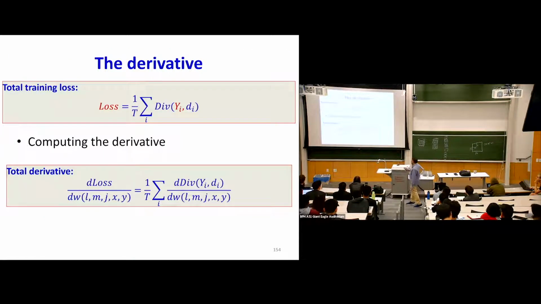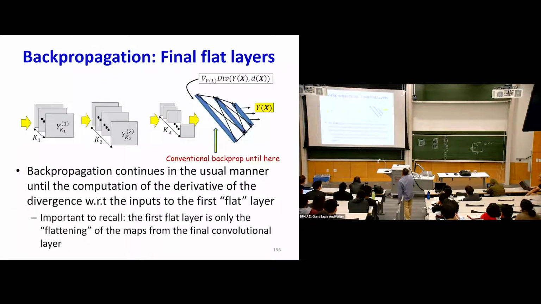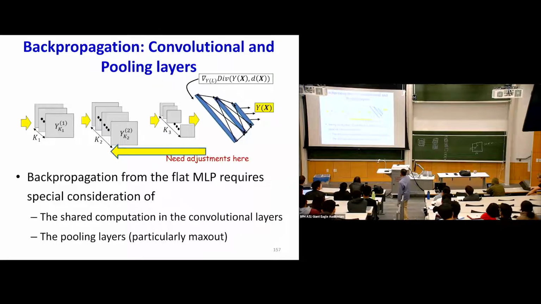Now, as before, you only need to worry about how to compute the derivative of the divergence with respect to parameters for a single instance. So let's focus on that. For a single instance, when I pass the data through the network, the final bit is the flattened MLP, after the final convolutional output has been computed. And for MLPs, we know exactly how to perform backpropagation and compute derivatives. So we can assume that we've gone all the way back and we've got derivatives at this point.